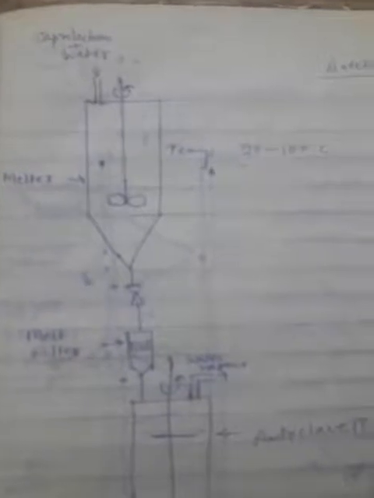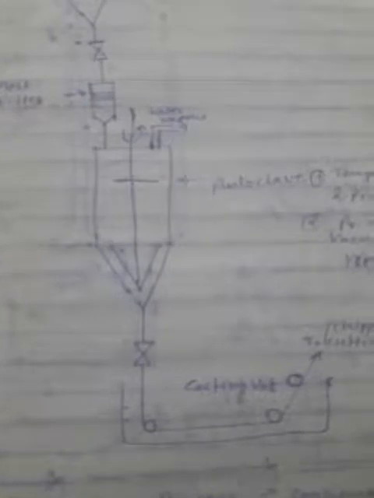On the top the caprolactam and water are fed, and this is the melter, provided with an agitator at 90 to 100 degrees centigrade. In the lower part of the diagram, the melt is passing through a melt filter, and this is the polymerization vessel, or you can say the autoclave, where the polymerization takes place at different conditions.